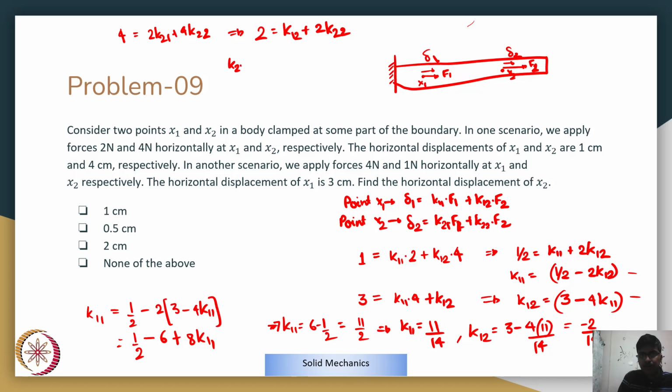Therefore, k22 is 1 minus k12 by 2, right? K12 is minus 1 by 14. So 1 plus 1 by 14 is 15 by 14, right? 1 is k12 by 2 plus k22.